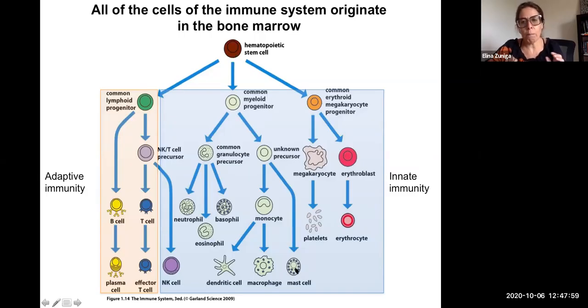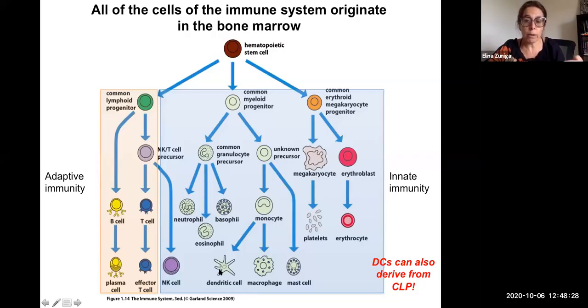However, I want to make a comment here because more recent literature shows that some subsets of dendritic cells can also derive from the common lymphoid progenitors. So that is something I think you are ready to remember: dendritic cells can derive from the common myeloid progenitors, but can also derive from the common lymphoid progenitors.